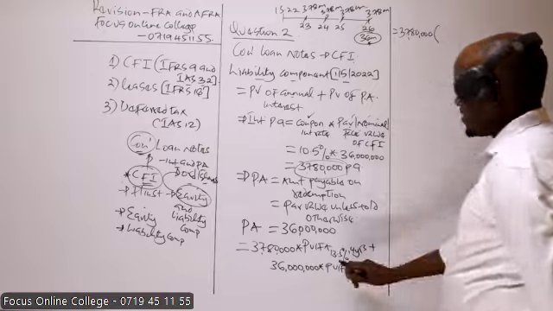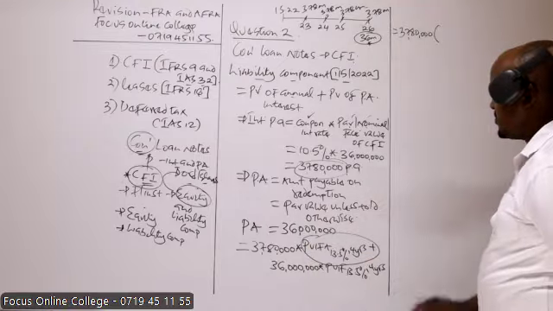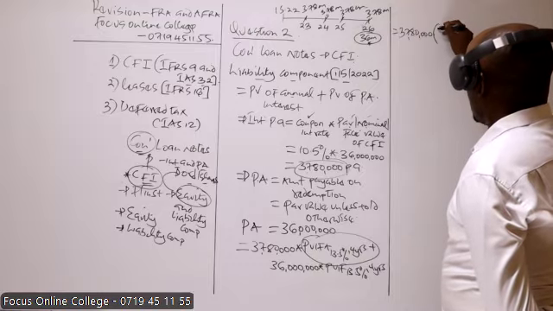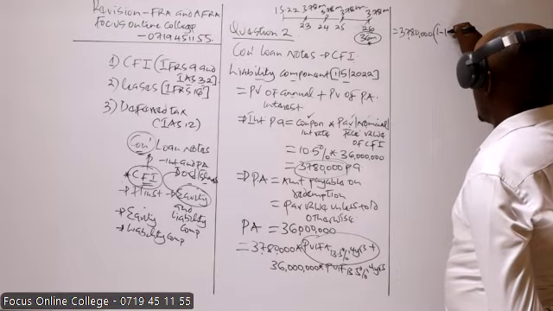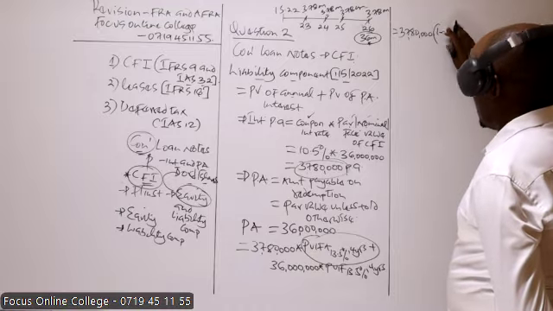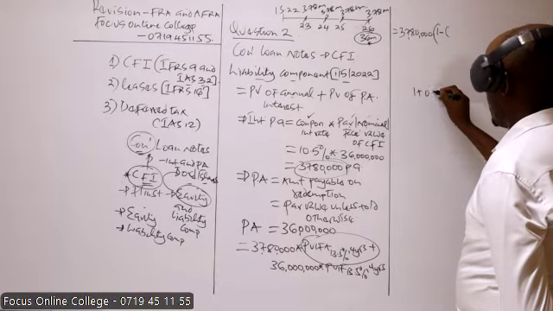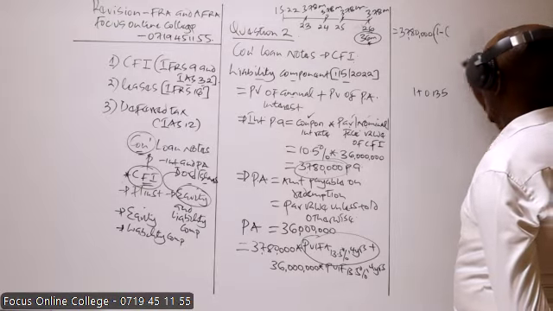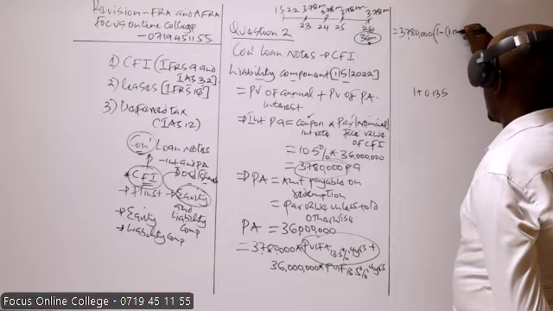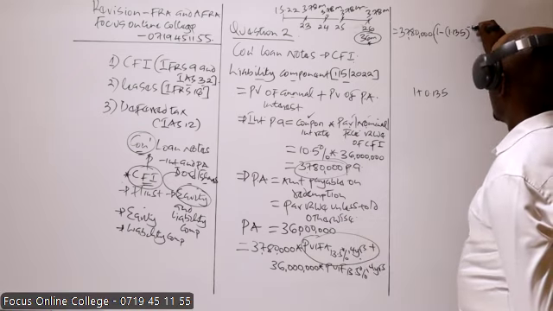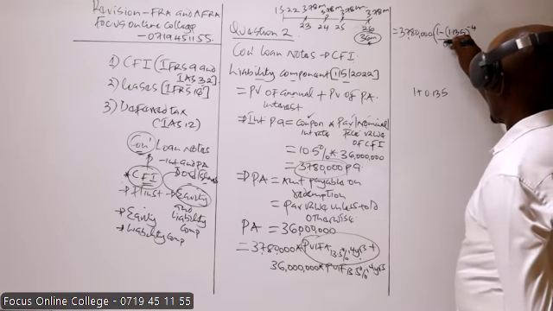We need to record the formula for this one. The formula we use is 1 minus (1 plus R) raised to power negative n, divided by R. Our R in this case is 13.5%, so it will be 1.135 raised to power negative n, where n here is 4, and then we divide all that by 0.135.